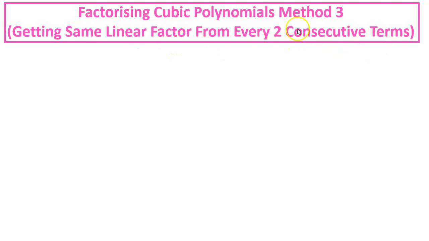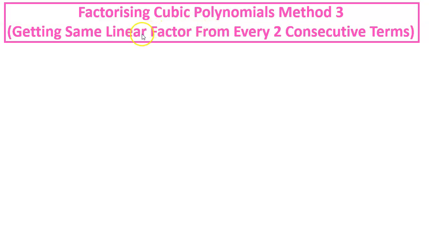What we are doing is, we know how to factorize quadratic polynomials, but we do not know how to factorize cubic polynomials. So first of all, we are getting a linear factor, because any cubic polynomial is a product of a linear polynomial and a quadratic polynomial.